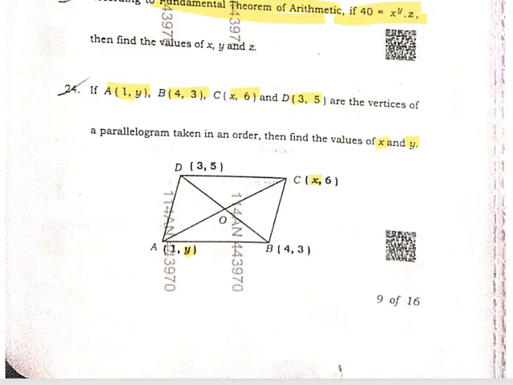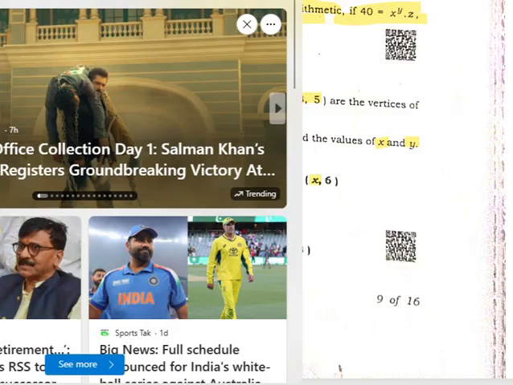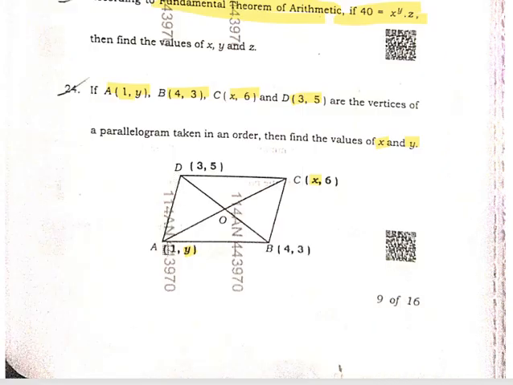If you observe the diagram, ABCD is a parallelogram, so the diagonals bisect each other. They intersect at the point O. First observe the diagonal DB.